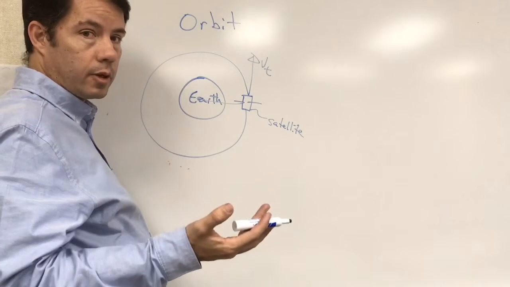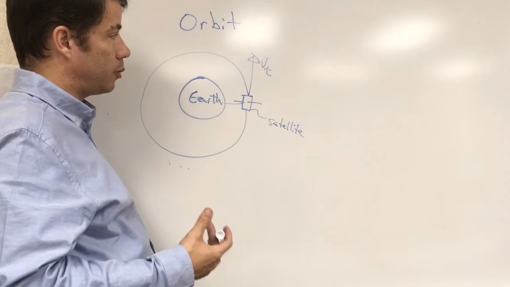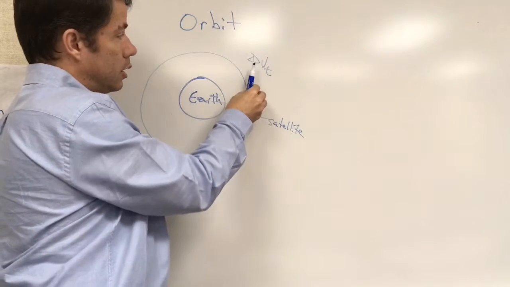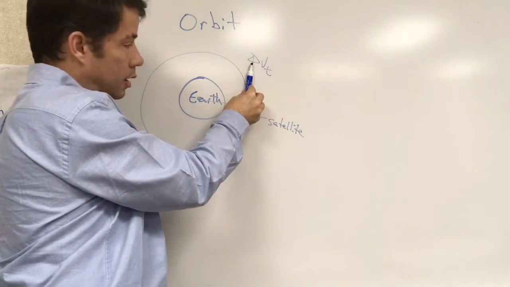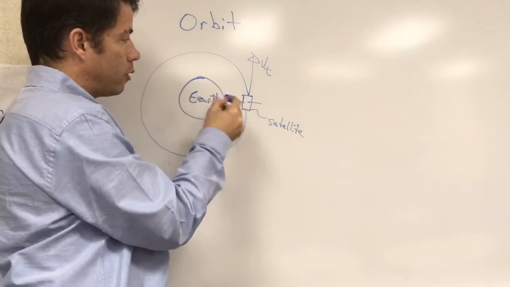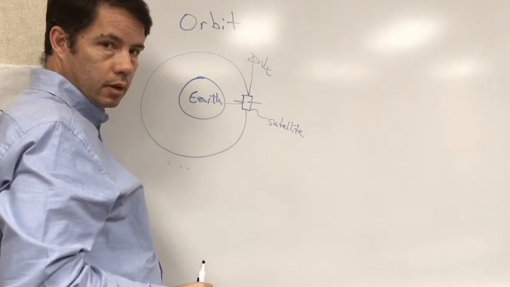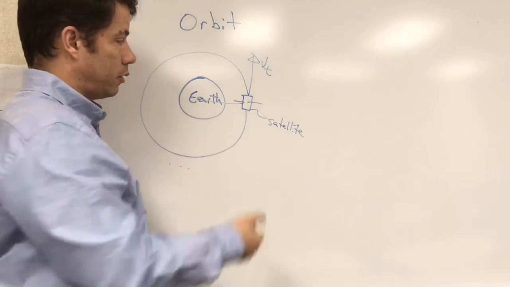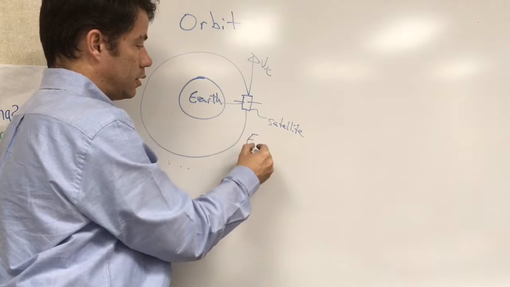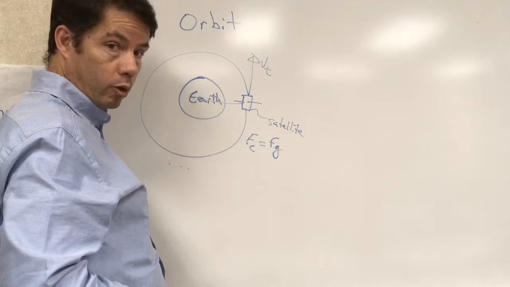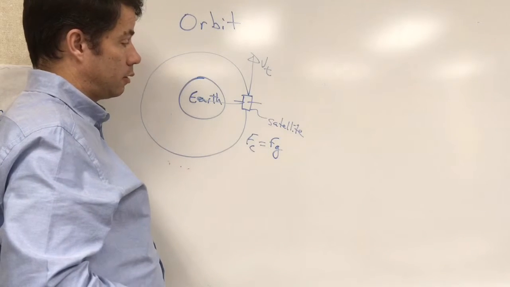In our last unit, we talked about uniform circular motion very briefly, and we said that an object moving in a circle has a tangential velocity that is perpendicular to the radius, and that there's a force causing it to turn. Well, if an object's in orbit, what is that force? That force, the centripetal force, is actually the force of gravity.